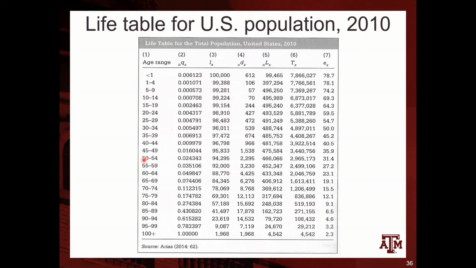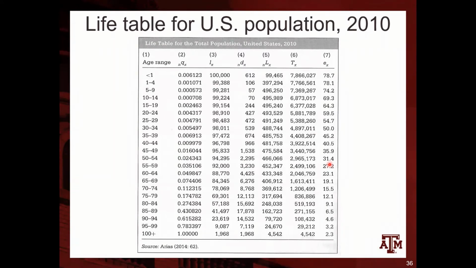We look at this number also in the last column, 31.4. So that's the life expectancy at age 50. What's the symbol for this one? It's E50. It means that if someone reaches up to age 50, based on this data, that person will have an additional 31.4 years of life, which means that we would expect that person to live on average until age 81.4.